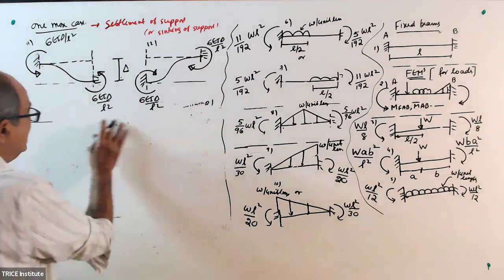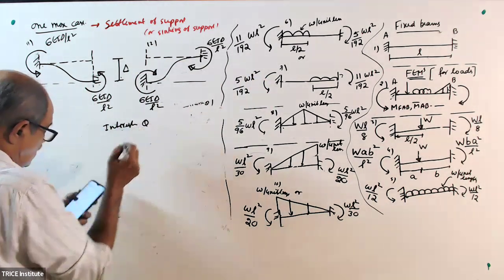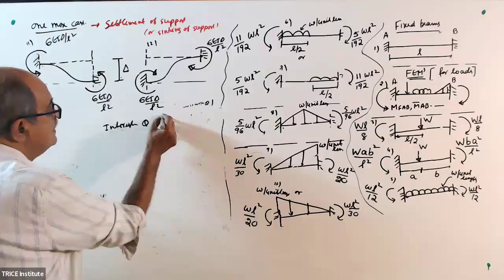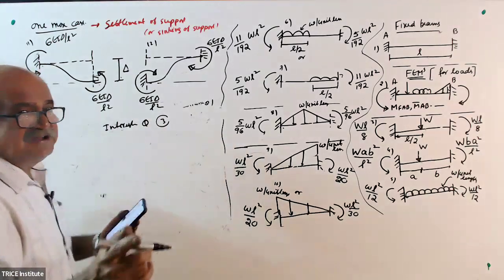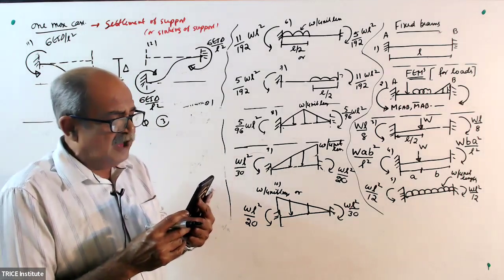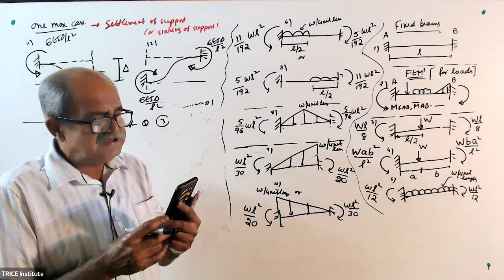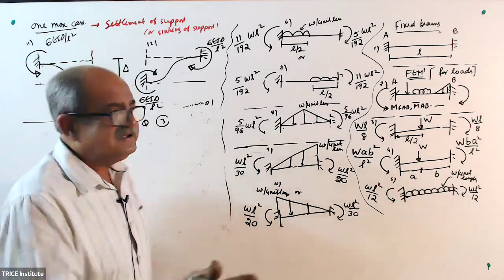Now, there is an interesting question. Question number 3. See, you should have the sheet with you. If a point load acting at the midspan of a fixed beam of uniform cross section produces fixed end moment of 60 kN meter.